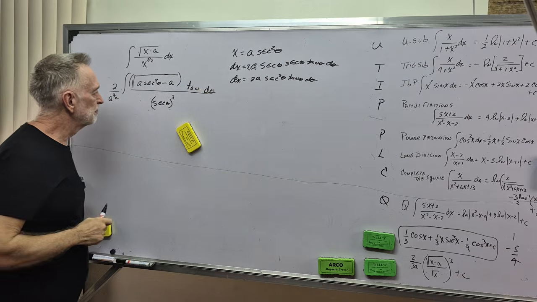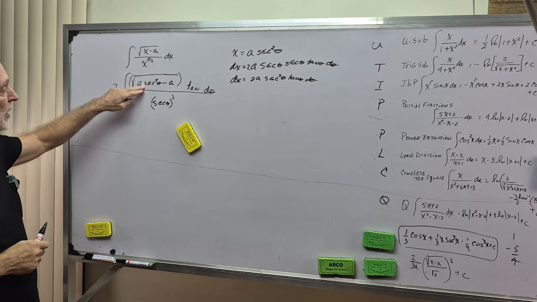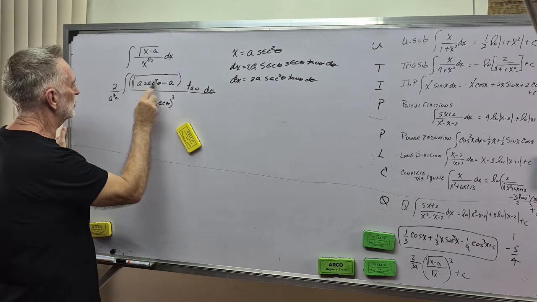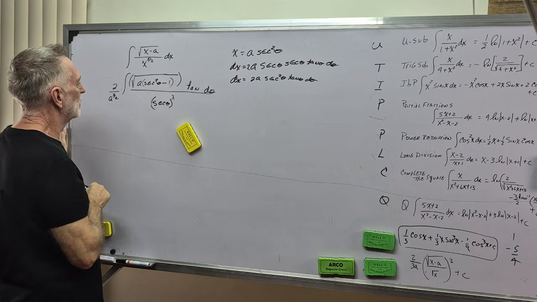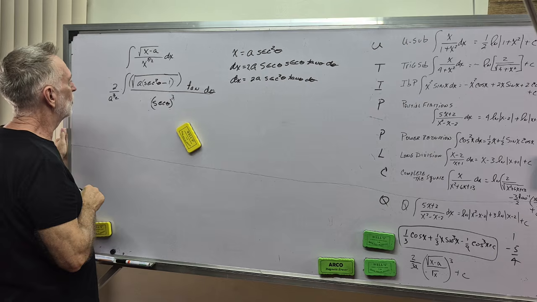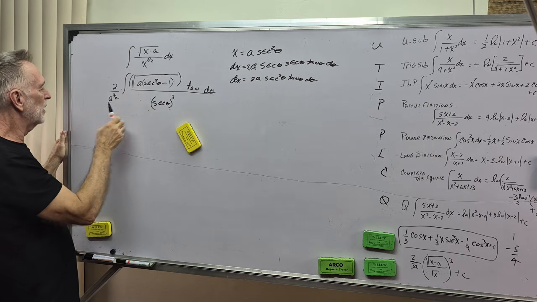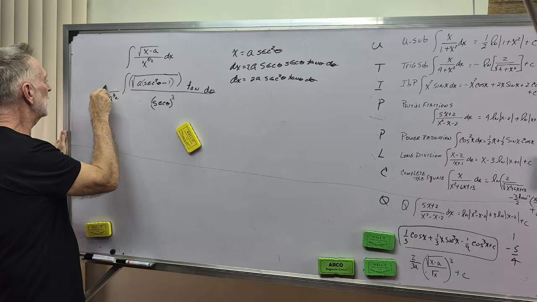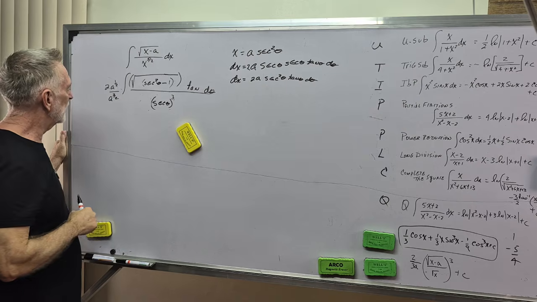I'll scoot it over. All right, now let's factor an a out of this guy. So I'm just going to do it like this. Oh, now let me get rid of the a. What's the square? A to the 1 half. So I'd have 2a to the 1 half. Wipes that guy out.